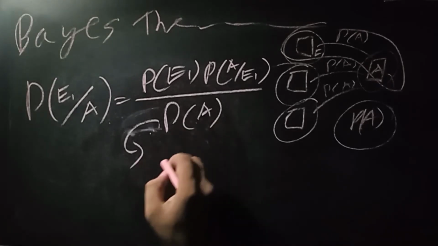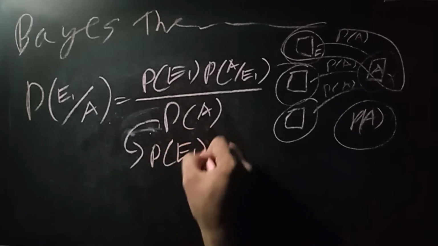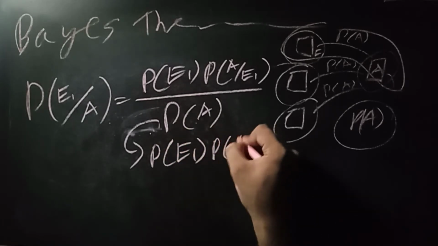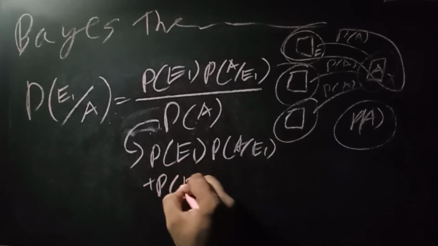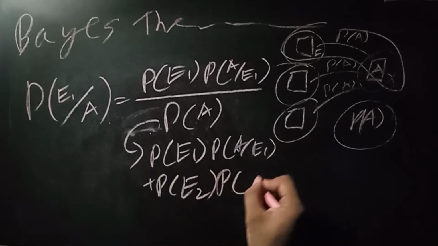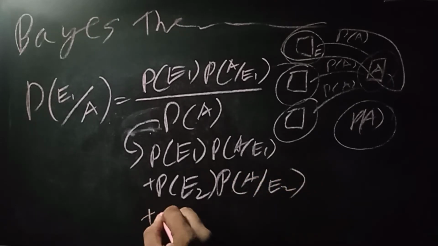So like we showed previously, this is P of E1 times P of A when E1 is the sample space, plus P of E2 times P of A when E2 is the sample space, plus dot dot dot.